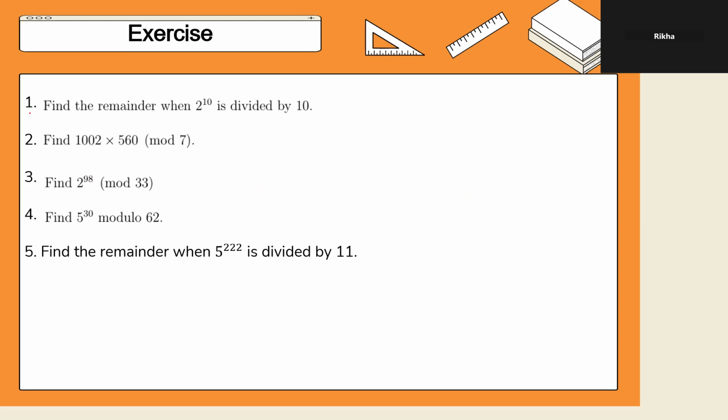Try the first one and give me the answer. And for Brooklyn, because we discussed this yesterday already, I'll add more questions for you. Try this one.